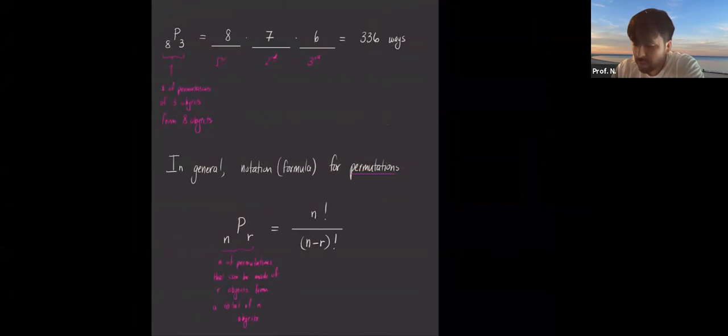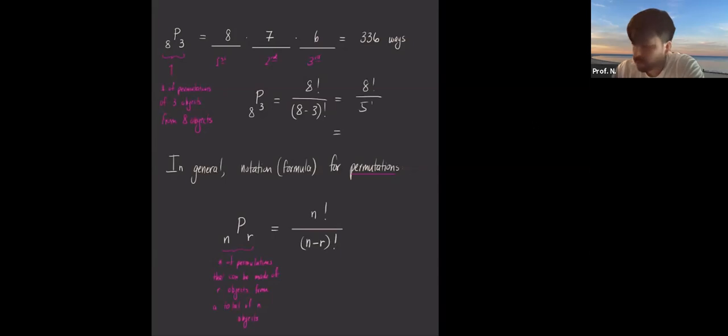If I wanted to forget about the context of the problem and just consider it as a computational task, given the formula, 8 factorial over 8 minus 3 factorial, because that's how our formula is given. And 8 minus 3 is 5. So this is 8 factorial over 5 factorial.